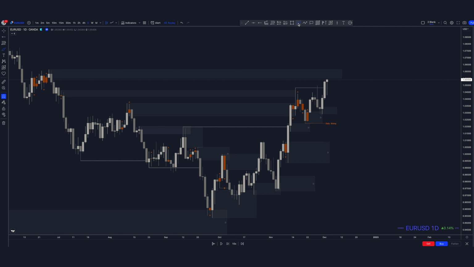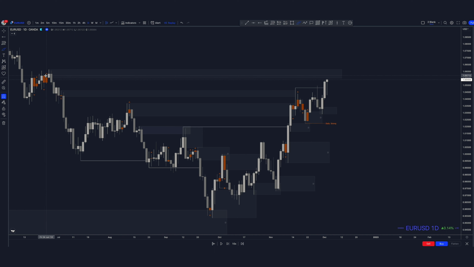This is the same concept of discount and premium. You don't want to buy too high like this after a break. You want to wait until price comes to a discount area so you can buy at a better price.